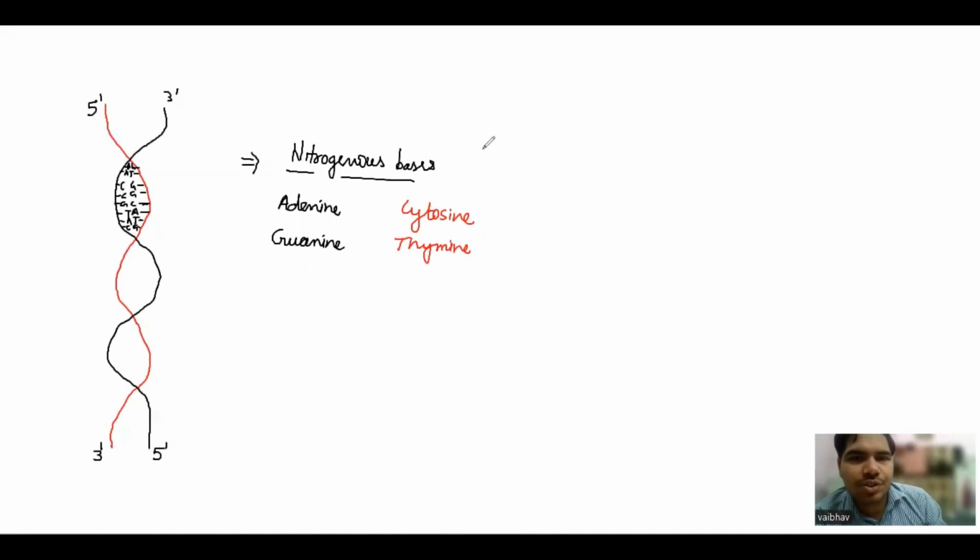And out of these, the ones I've written, adenine and guanine, are called purines. They have a large molecular size, a two-chain structure, the purine chain. And cytosine and thymine come under pyrimidines.